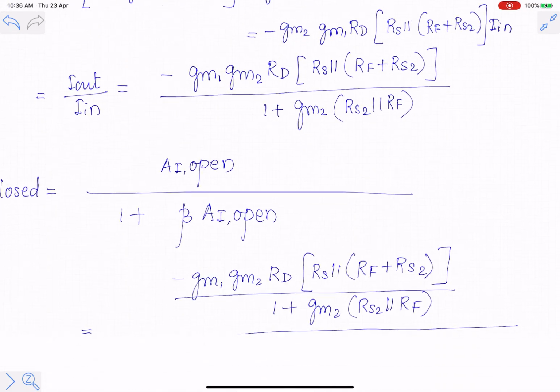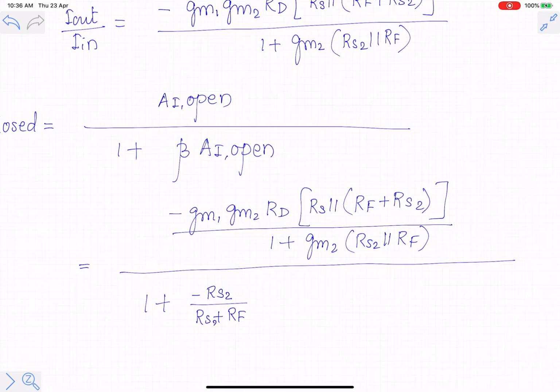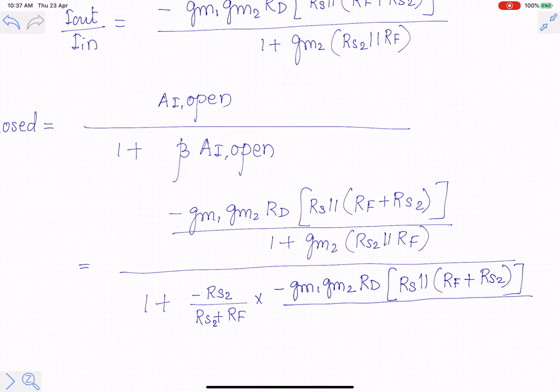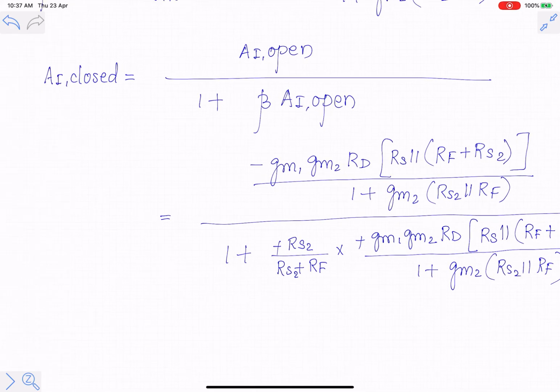So it is RS2 plus RF into minus GM1 GM2 into RD into RS parallel RF plus RS2, divided by 1 plus GM2 RS2 parallel RF. So you can see that this minus minus becomes plus. So this is the expression for AI closed. You can simplify it further.